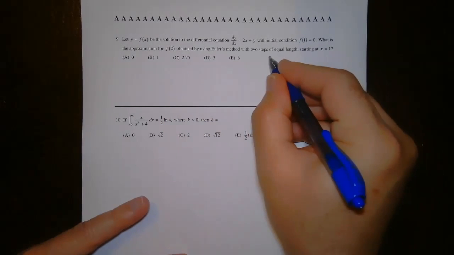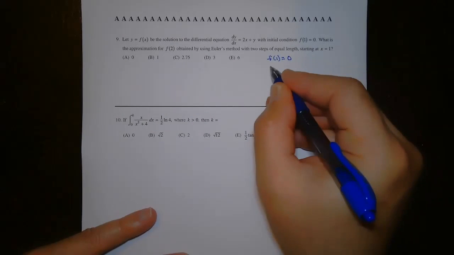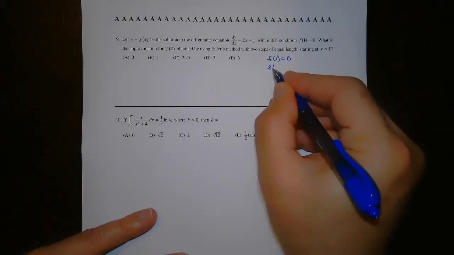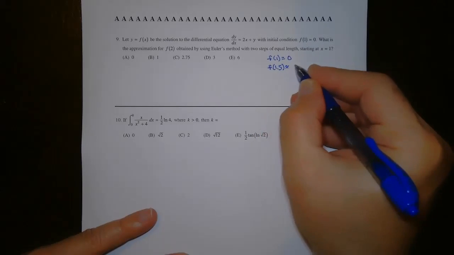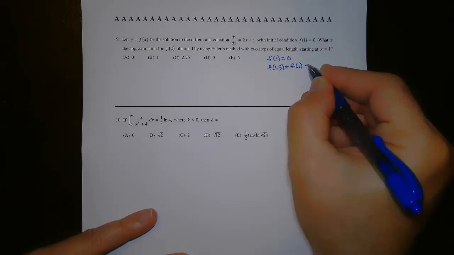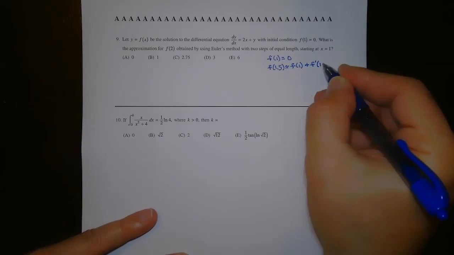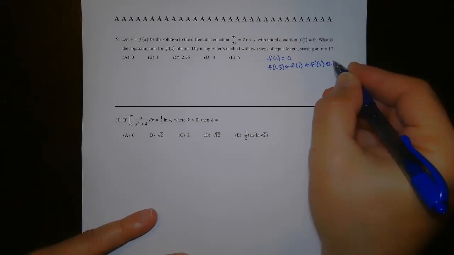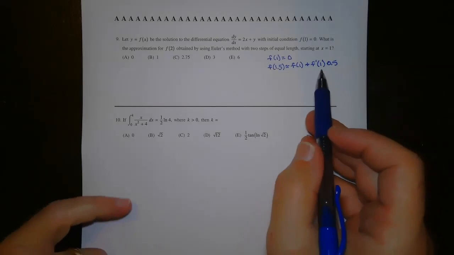We first know that f of 1 equals 0, and then to estimate f of 1.5, we're going to estimate that by doing f of 1 plus f prime of 1 times our delta x, which would be 0.5, okay? So we've got to find f prime of 1.